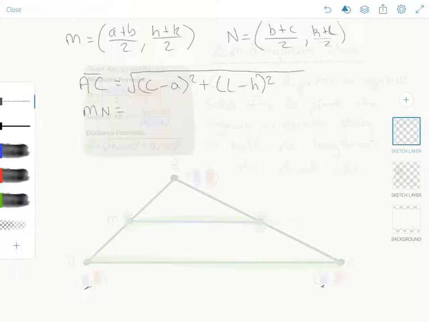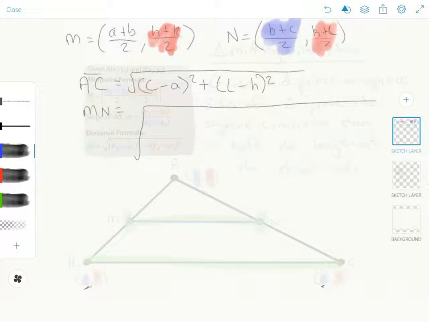Now for the much more intimidating part, let's find the distance between M and N. This time, my y2 is this value, and my y1 is this value, and x2 is this one.